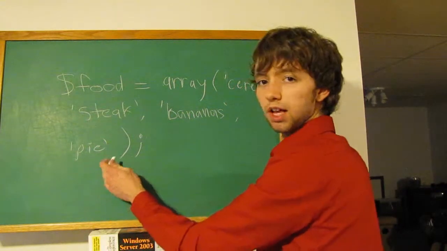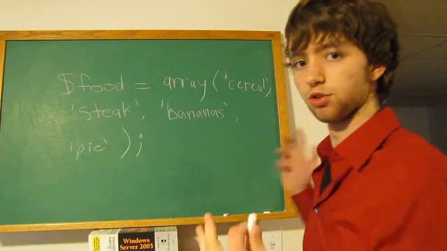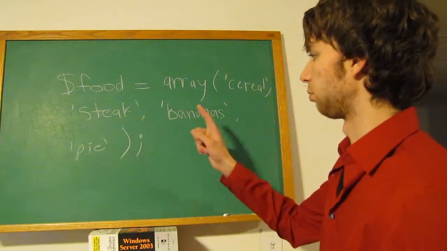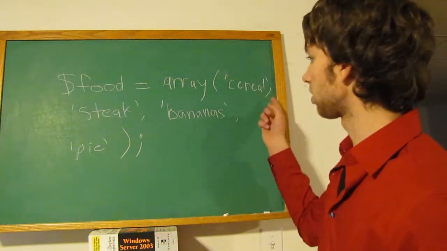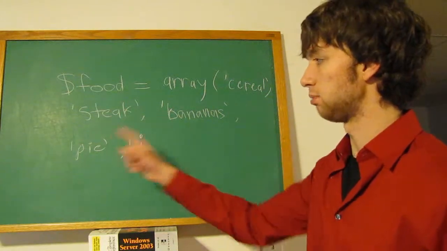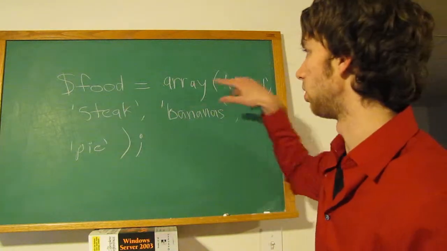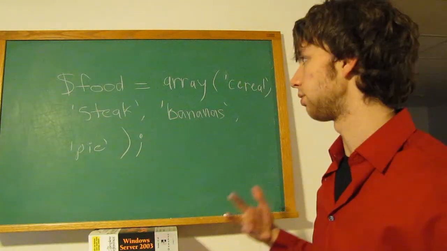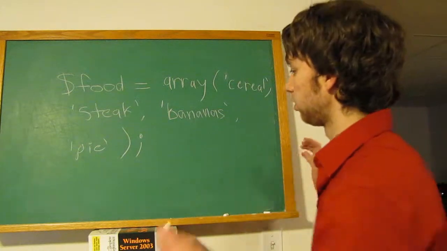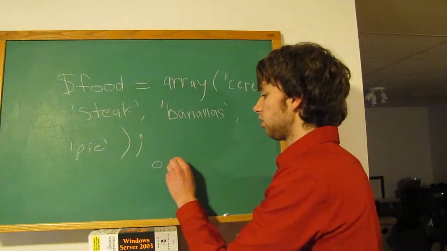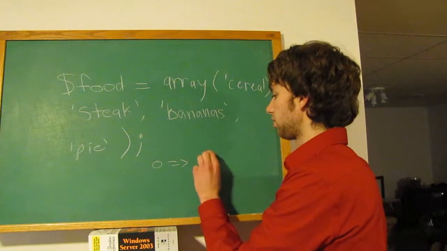And then after the last one, you don't put a comma because there's no more. Only when there's another one coming. So, cereal, comma, steak, comma, bananas, comma, pie. And make sure you put them in quotes, each one. So now this is going to create an array where the index 0 points to the cereal.